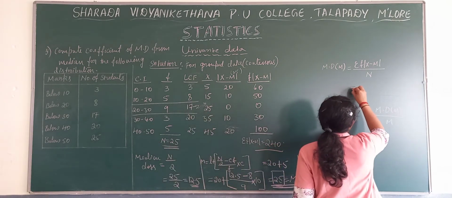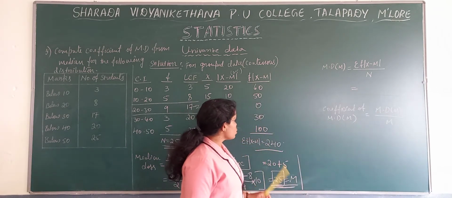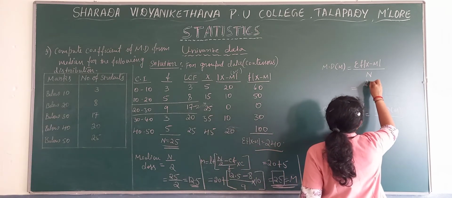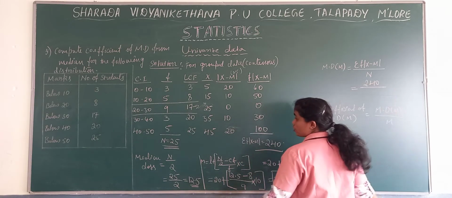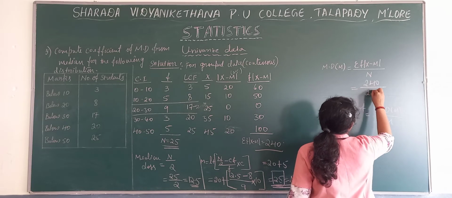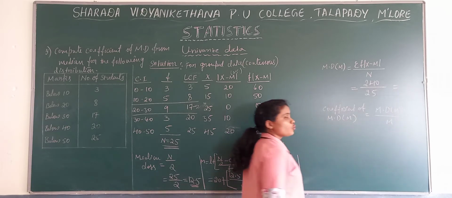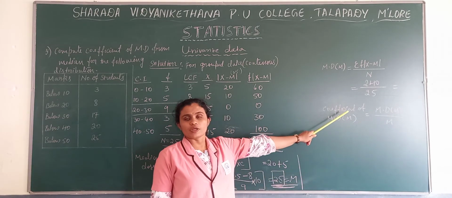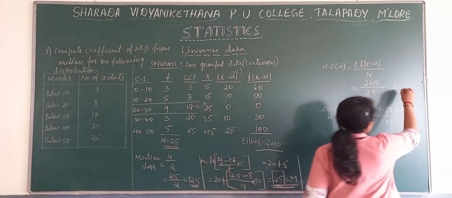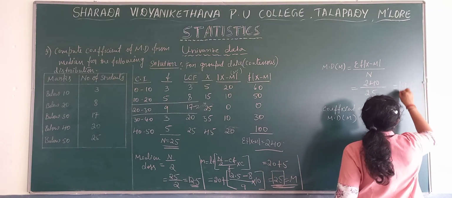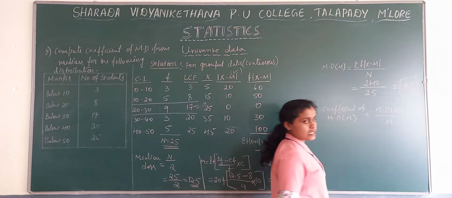Now find the mean deviation. Here we got the total as 240. And what is the value of n? N is 25. So 240 by 25, we get the mean deviation from median as 9.6.